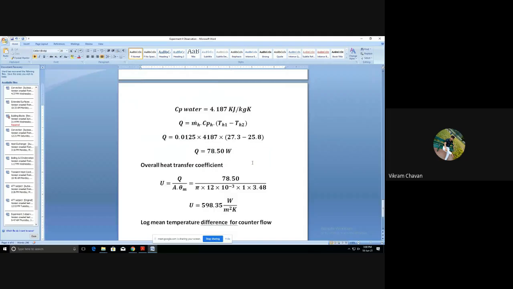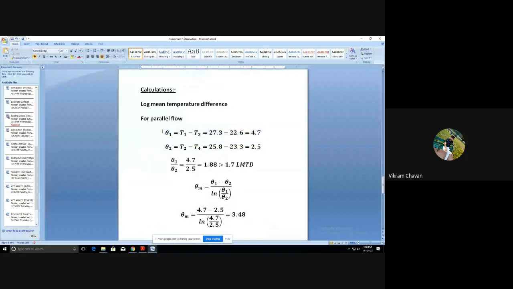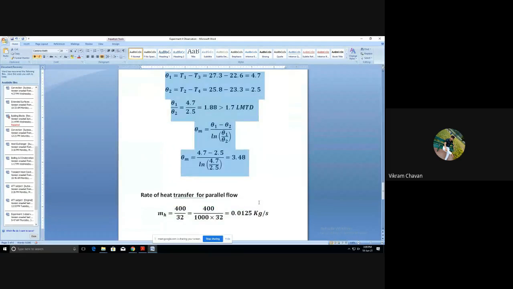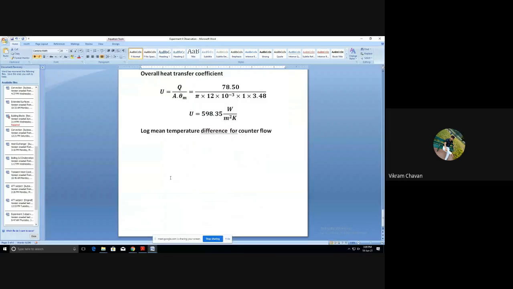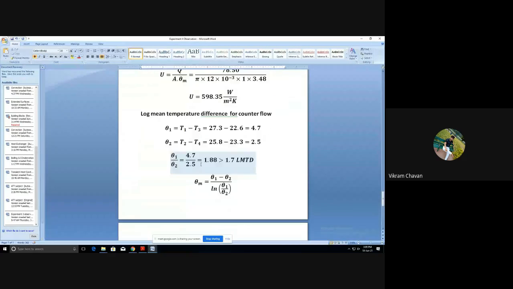Once again, T1 minus T5: inlet temperature of the hot fluid minus outlet temperature of the cold fluid.